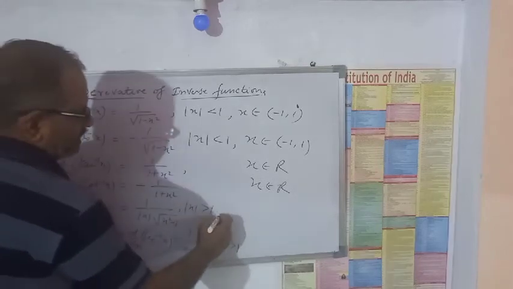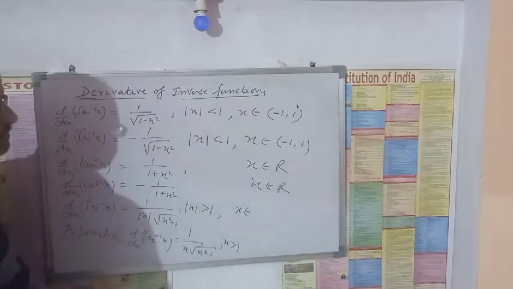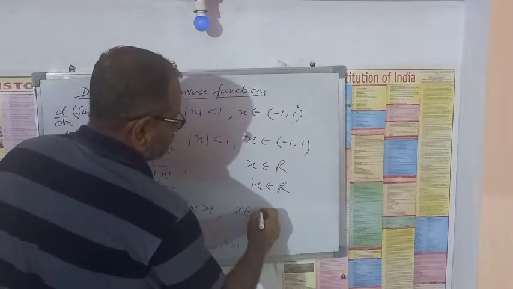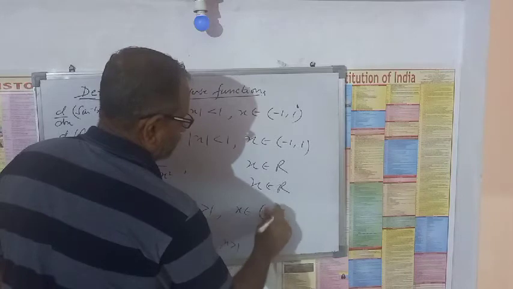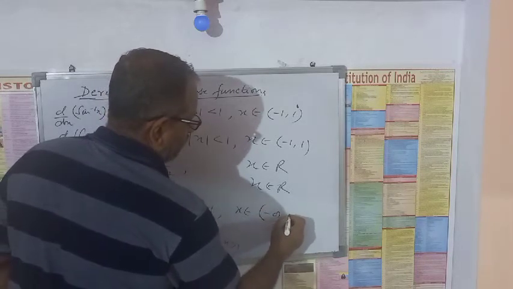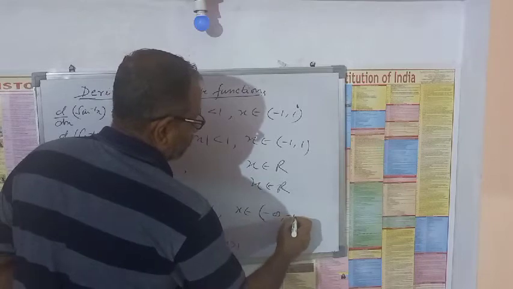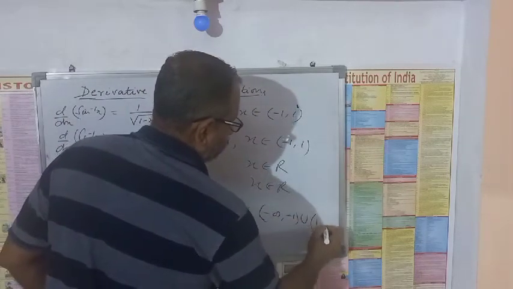Mod of x greater than 1 means what? x will lie in minus infinity to minus 1 union 1 to infinity.